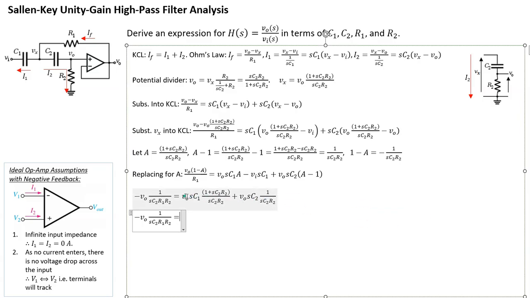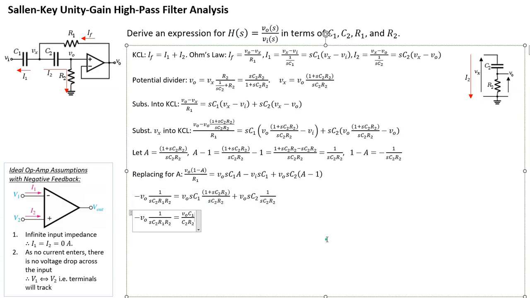Now remember, the S has canceled out, so what's left is just VO, and then C1, all over C2 over R2, right? Divided by C2 over R2. So that's the first term. That's VO, S is gone, so VO C1 times 1 over C2 R2, right?